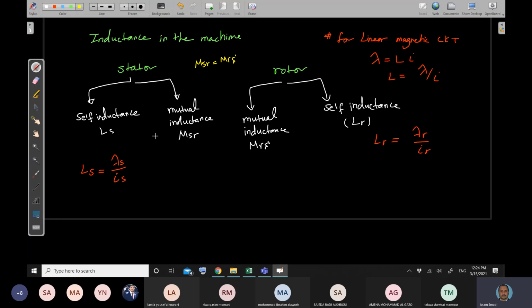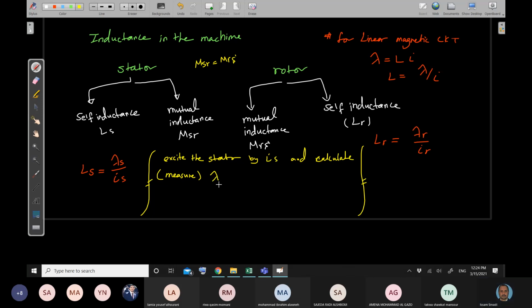The first one: if we excite the stator by IS and measure the flux linkage lambda R, calculating the flux linkage in the rotor, then MSR will equal lambda R over IS. So this is the first option.